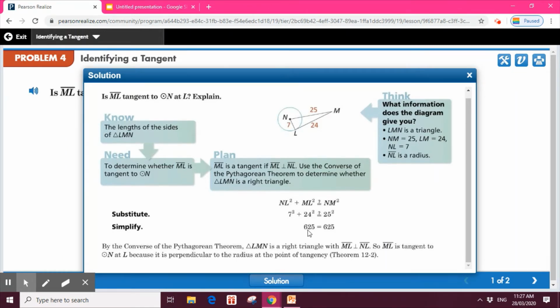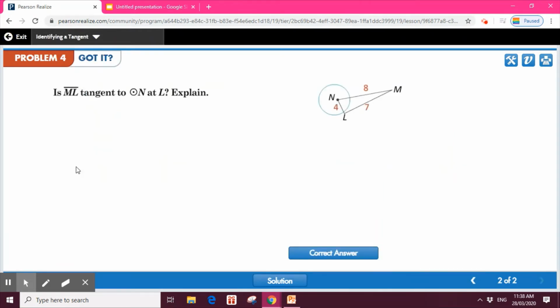That is equal to 625. What is 25 squared? 25 squared is 625. Are they equal? Yes, 625 is equal to 625. So it means by the converse of the Pythagorean theorem, got it, number 4.